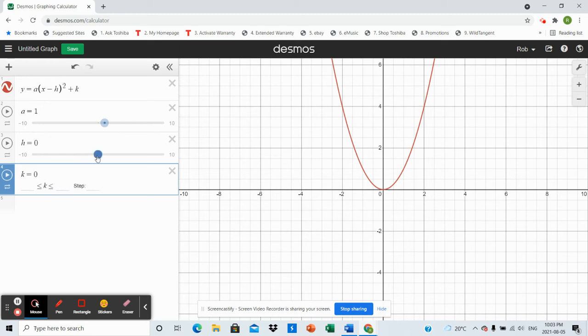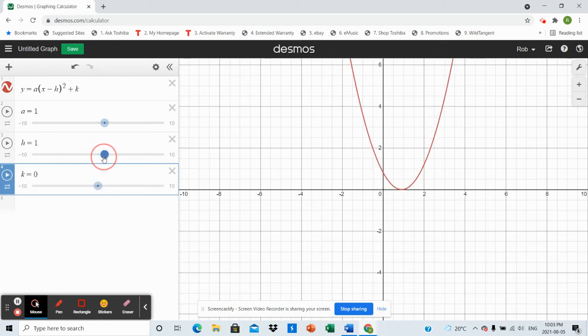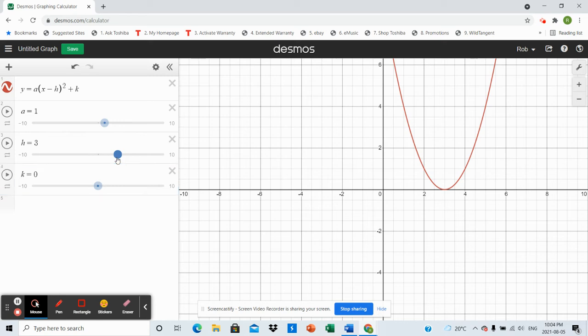I'll start with h. As we move h more positive, you're going to notice that our parabola shifts to the right. And in math, we say that it translates to the right. So here h is 3. We can see it's moved 3 units to the right, or it's translated 3 units to the right. If we go the other way, it's translating to the left.